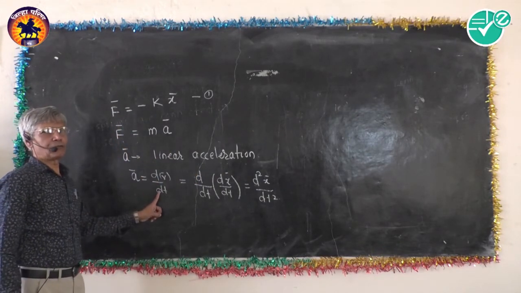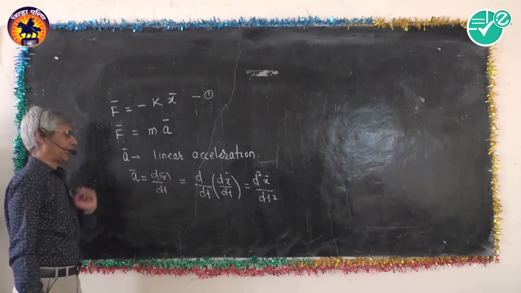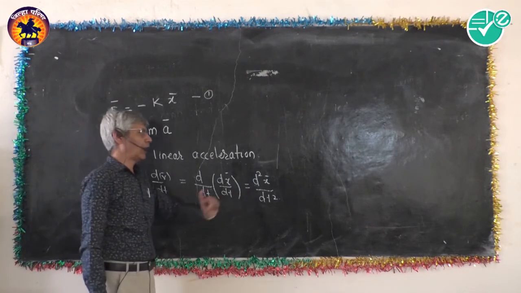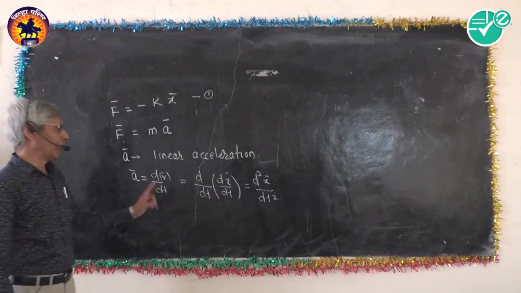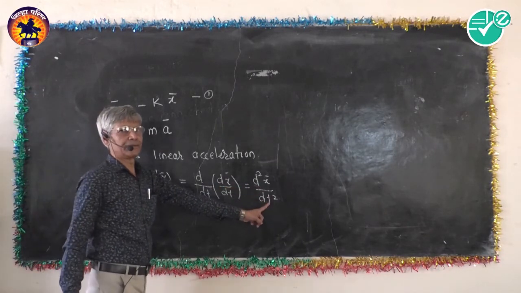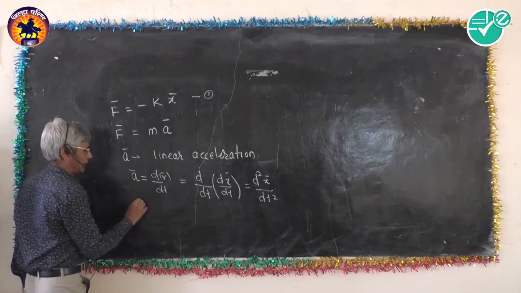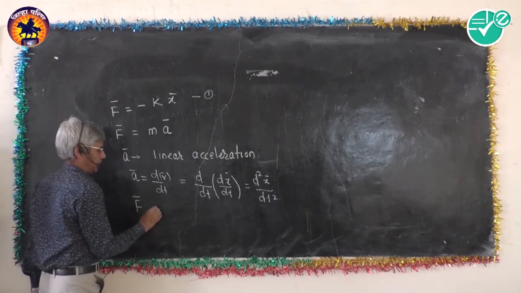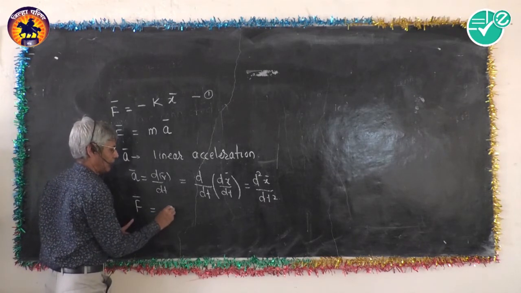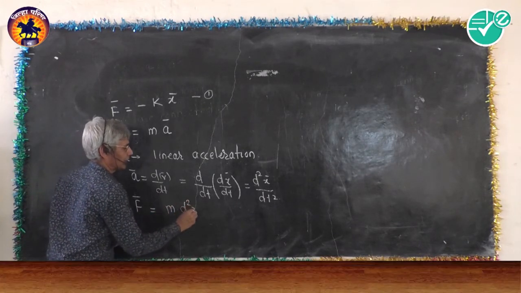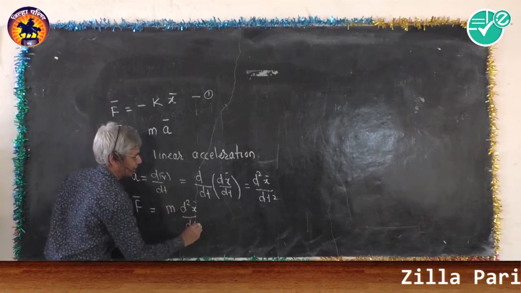This is called the first order differential equation of the linear acceleration, and this is called the second order differential equation of the linear acceleration. So by using this we can write the restoring force F equal to m into d2x by dt2.